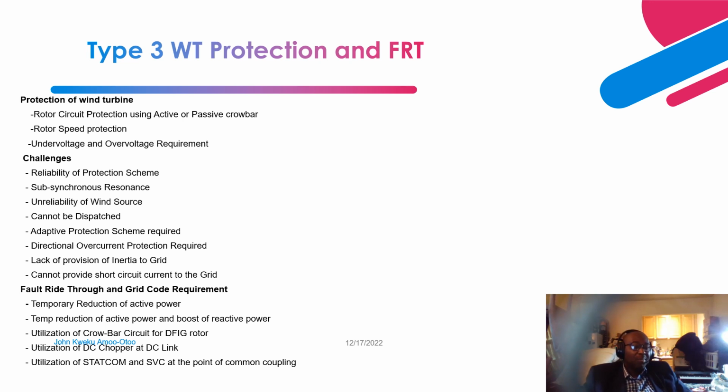Next, let's talk about fault ride-through techniques that you can have. This is part of the grid code requirement, and that is what the regional entities and the transmission utility companies require. Okay, so you can have a temporary reduction of active power when there's a fault, that helps you to ride through the fault and stay connected to the grid.